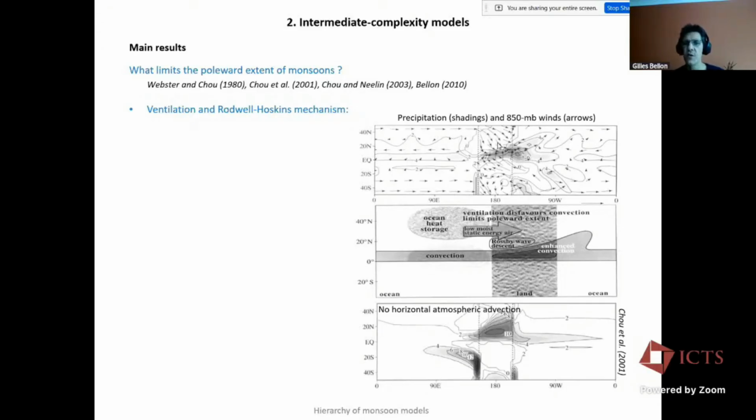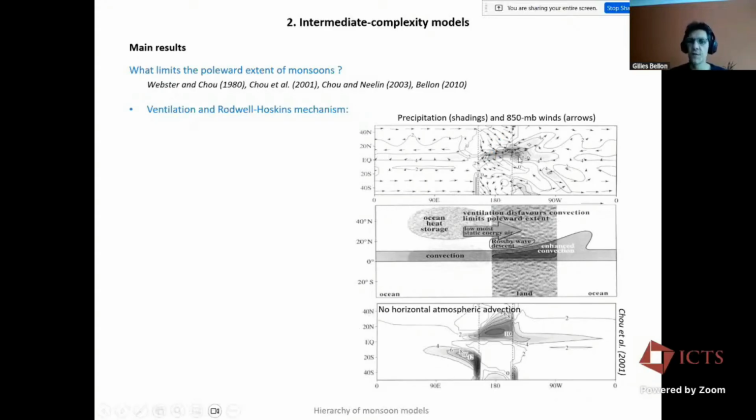It brings cooler air from the ocean, and that contributes to limiting the poleward extent, because this air is too cool to create convection. Since it's coming from the northwest, it gives an asymmetry between the east and the west of the continent.